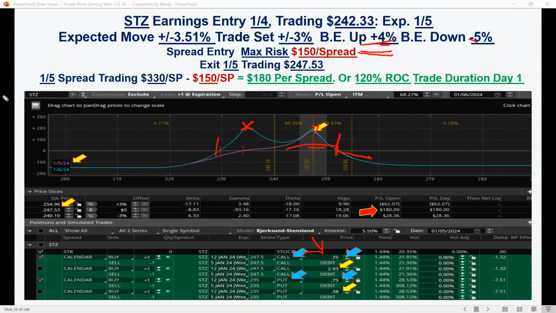So this was an ideal situation. And then if you really thought, okay, I think there's a great potential for STZ to keep trending up or down, we can close out one side of the trade. We can close out the put side, leave on the call, and trade it for the next week, either up or down. So this gives you that opportunity, but it's first off selling that volatility.